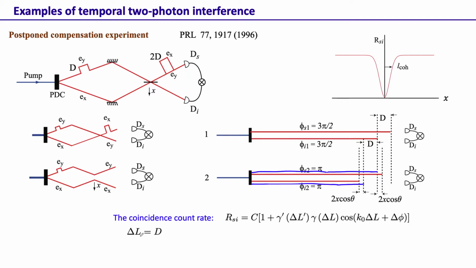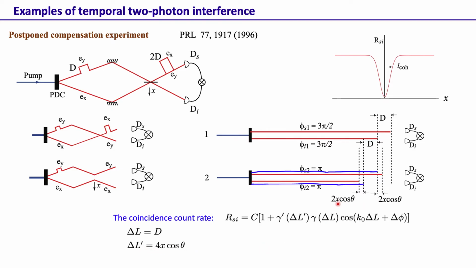Delta L in this case is the separation between this midpoint and that midpoint, which is just D. Delta L prime is 4x cosine theta, because this difference and this difference are equal, so that their difference is 0. So in the balance position, delta L prime is 0.